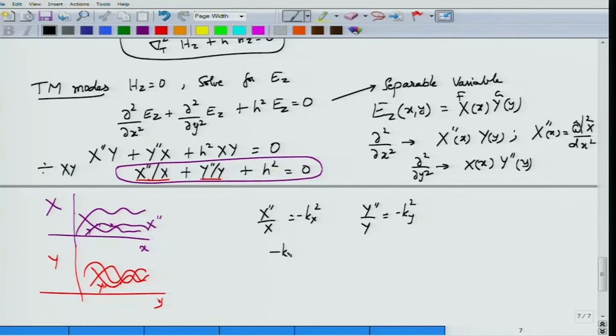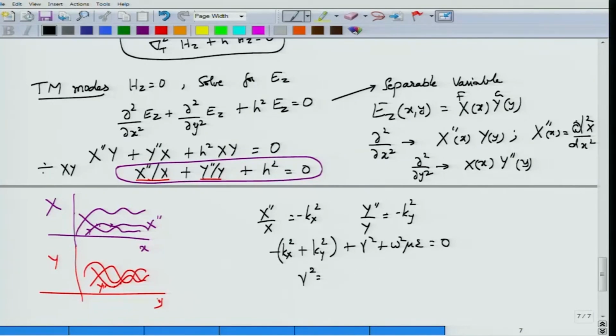Substituting this into the original expression, you get minus kx² minus ky², of course, plus gamma squared plus omega squared mu epsilon is equal to 0. Remember, here kx and ky are constants. Gamma is the one which we are after. So gamma squared plus omega squared mu epsilon is what we had considered as h².